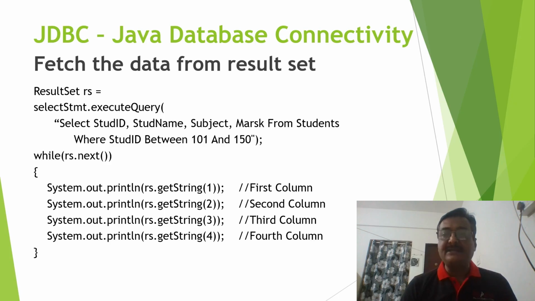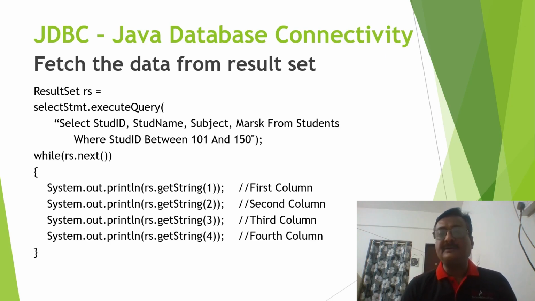My statement will help me create the connection with a specific table, and executeQuery is another method of this statement which allows me to perform a select query on my table. Here the student table is used.